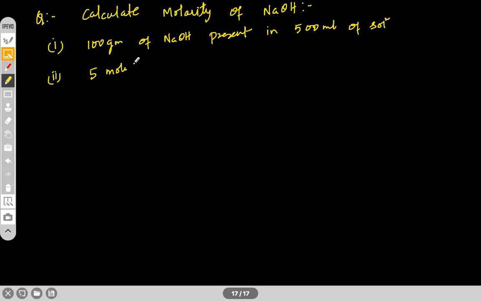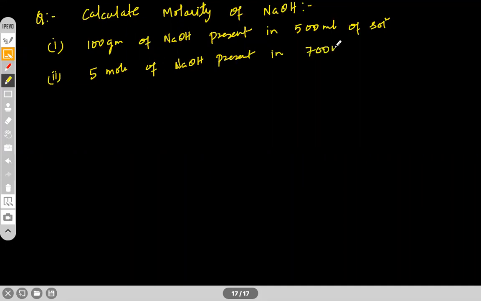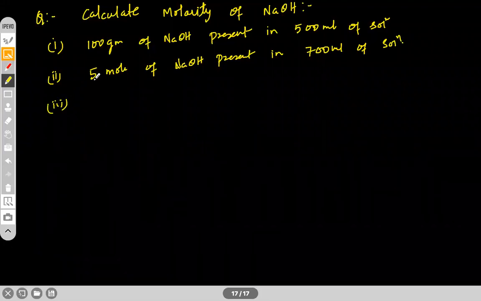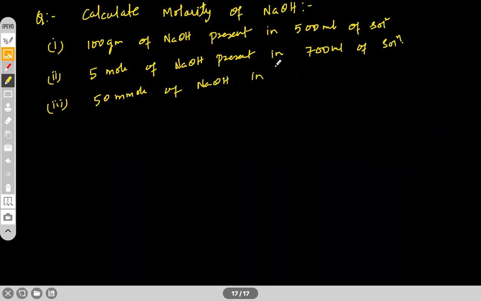Second: 5 mole of NaOH present in 700 ml of solution. I'm giving you very basic questions now. Third one is 50 millimole of NaOH in 50 ml of solution. Try this.